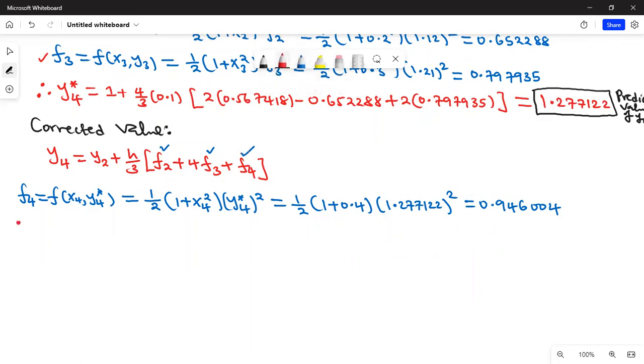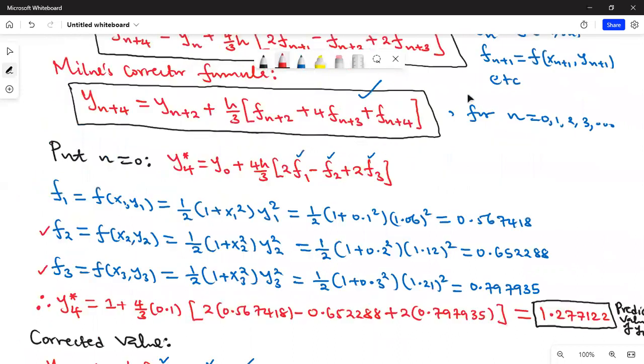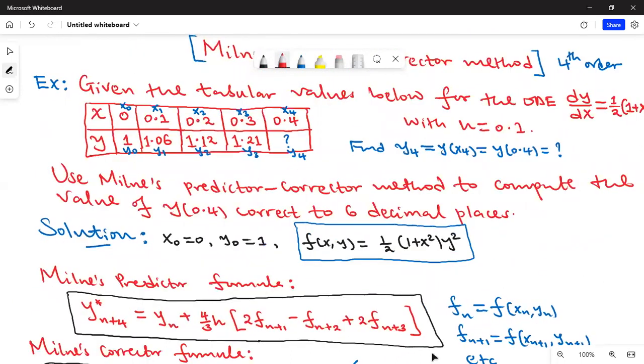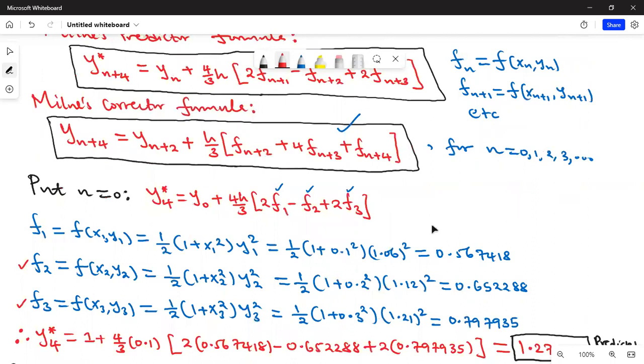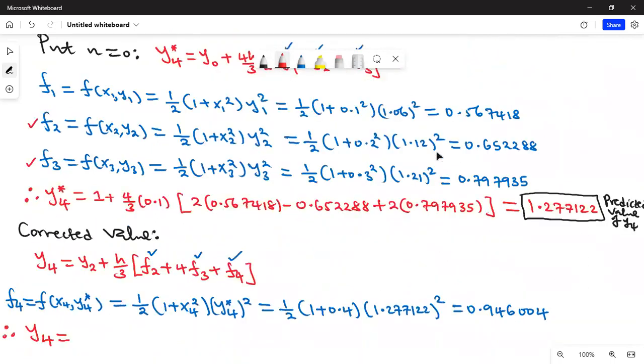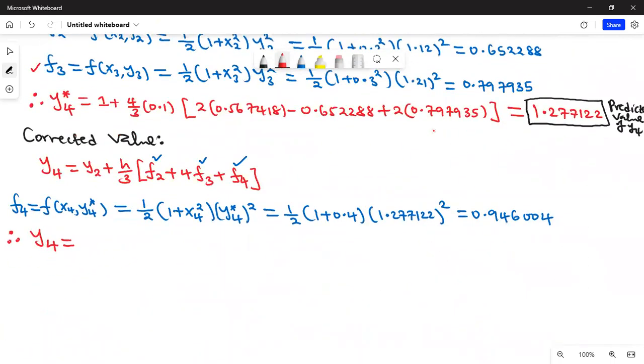So with this now we can get the value of y4 because now we know the value of f4. So you can just say that therefore y4 should be equal to y2. Y2 you can read from the table. Let's go back to our table. And y2 is 1.12. So that's what I write. 1.12 plus h over 3, 0.1 over 3 into f2.